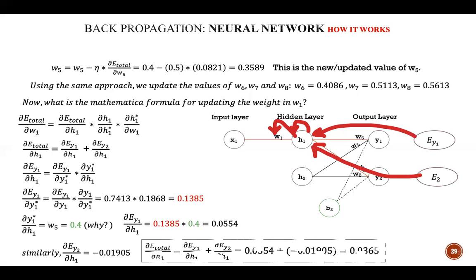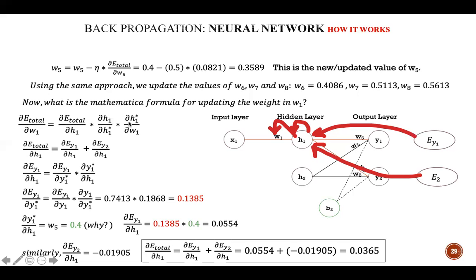Now finally, what is partial E total with respect to partial H1? We have calculated this one, it is equal to that number, and the value of this one is equal to this number. You plug them here and you get this. So this is partial E total over partial H1.